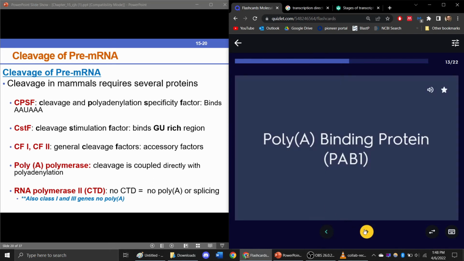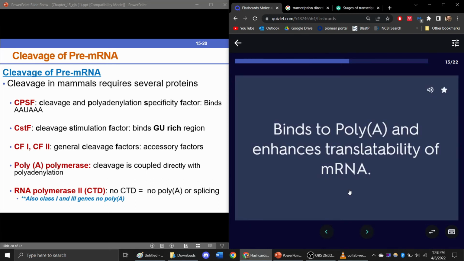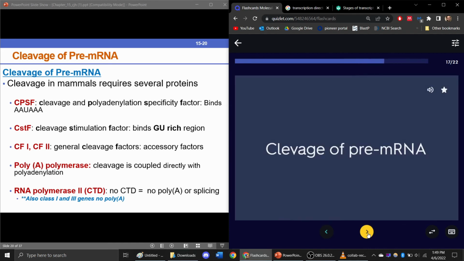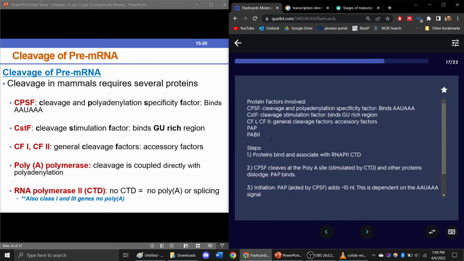Back here we talked about PAB1, which helped increase translatability by binding onto the poly-A tail. That's PAB1, not a part of cleavage. Now we have PAB2, which I guess is a new guy that we haven't talked about before, but is related to PAB1 in some way, same class of protein factors.